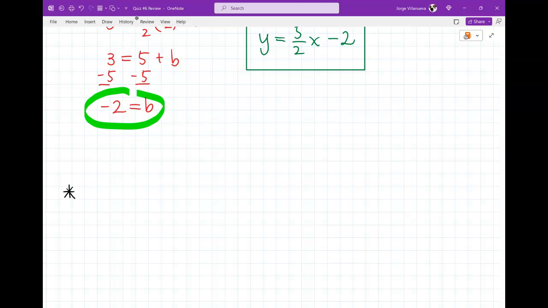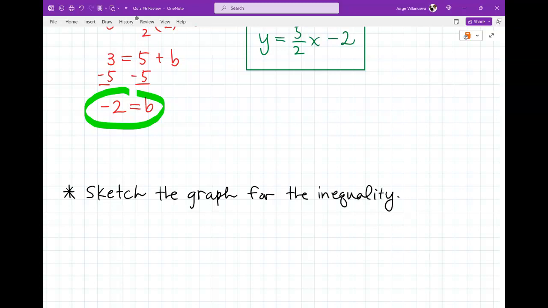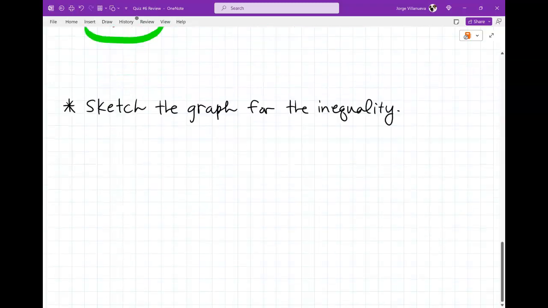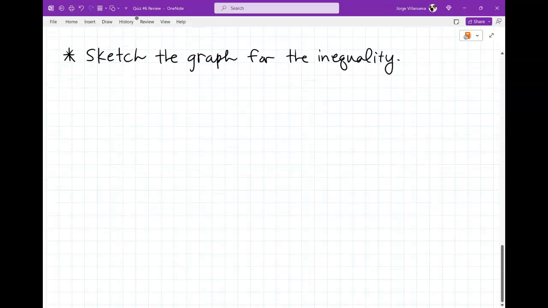So what are the instructions? Sketch the graph for the inequality. And remember, we're doing one that most people would consider the easy one, okay?